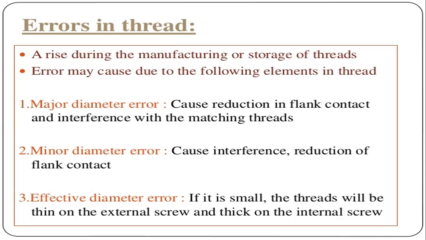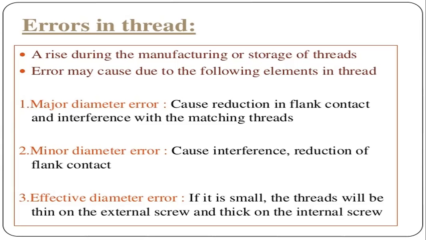The last one is the effective diameter error. If the effective diameter error is small, the threads will be thin on the external screw and thick on the internal screw.